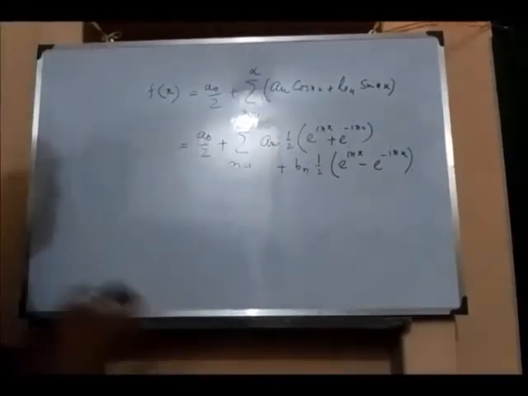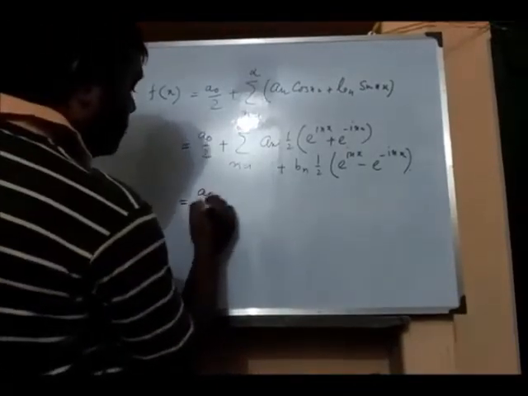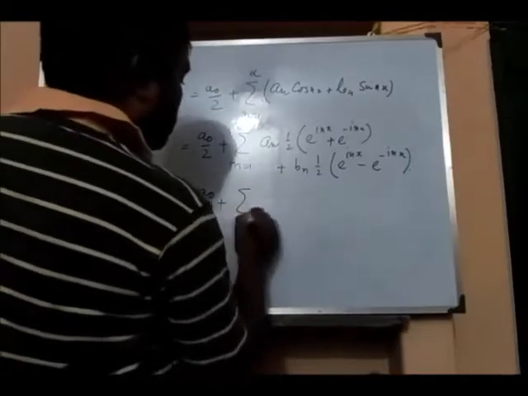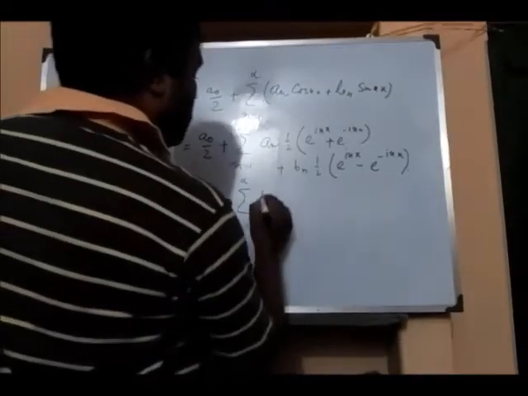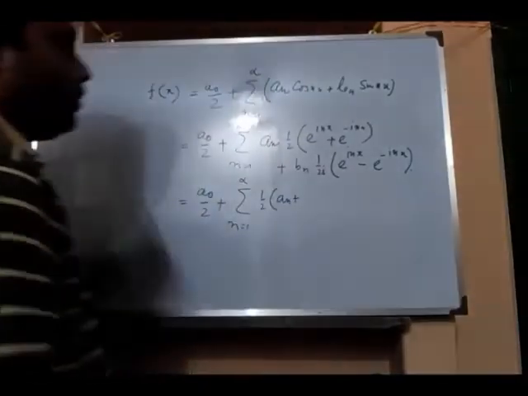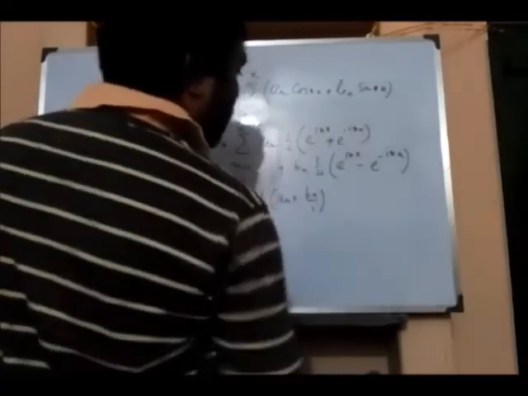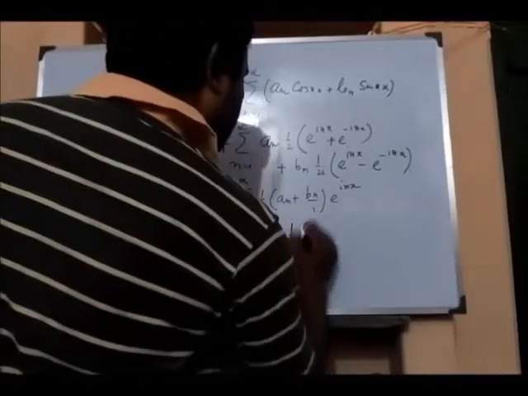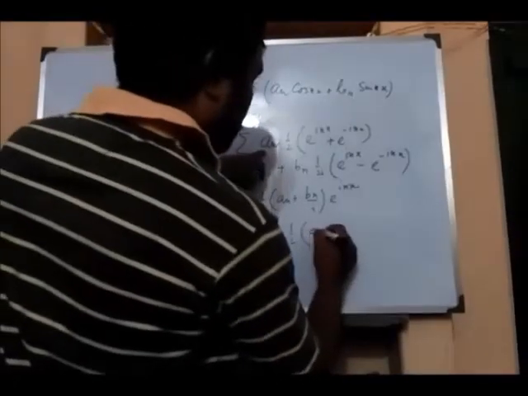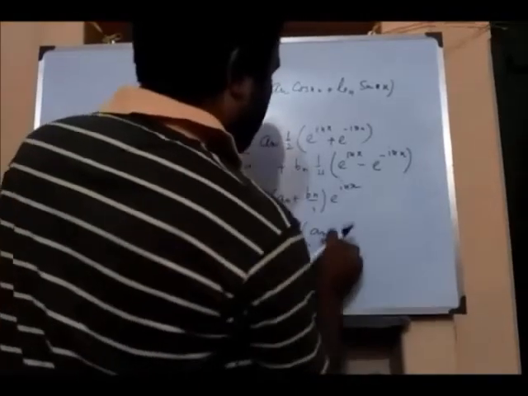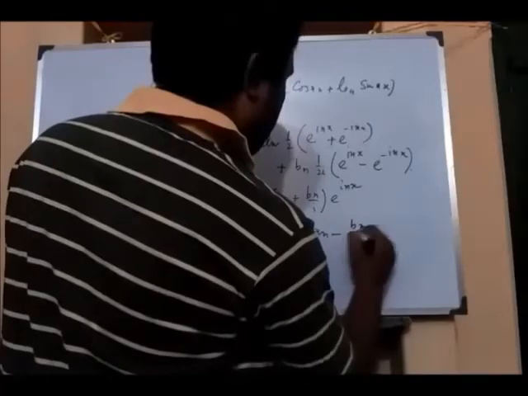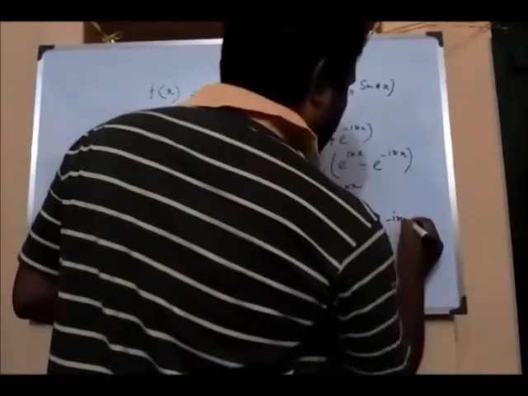Now we have to rewrite the whole thing in a simple manner, so that you can express an and bn in terms of specific coefficients of e to the power i nx and e to the power minus i nx. So I can write the simple form as a0 by 2 plus sum over n equal to 1 to infinity, half of (an plus bn divided by i) into e to the power i nx, plus half of (an minus bn by i) e to the power minus i nx.